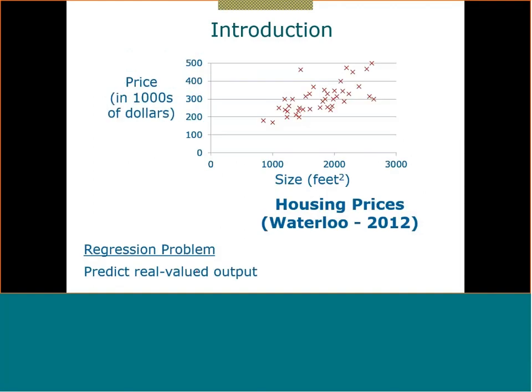So if we have something like this, the x-axis is my independent variable, which is the size in square feet of houses in the city of Waterloo. And in the y-axis we have the prices. Okay, I wish the prices in Waterloo in this range were actual, it is much, much more than that.